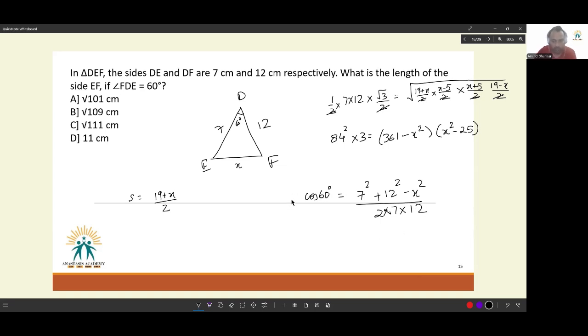And cos 60 also we know to be half. Get rid of this 2 and 2 1. So we have 84 is equal to 49 plus 144 minus x square. X square can come here. I'll get minus 35 from this, which is equal to 109, so x will be equal to under root 109.